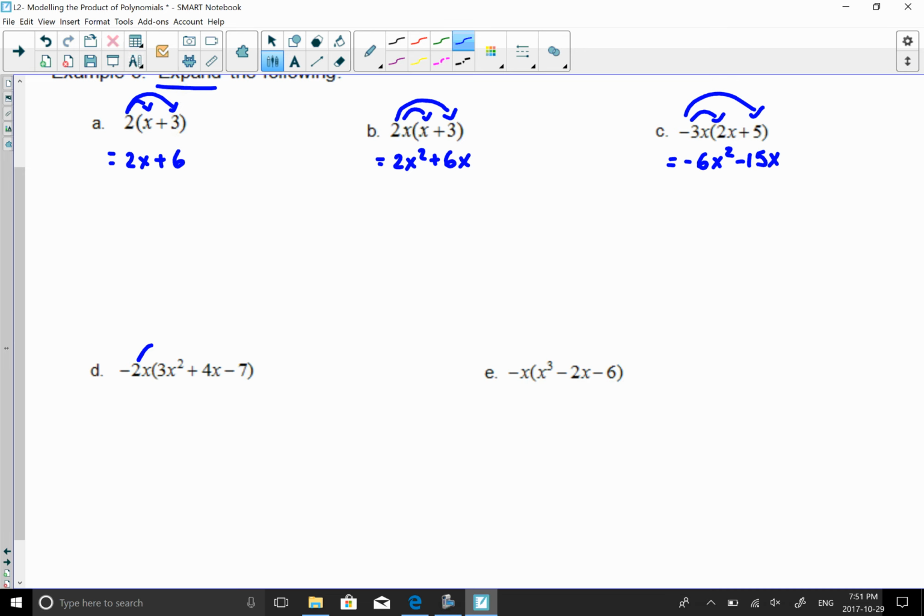So again, still distributive property when there's a monomial outside of a bracket. Negative 2 times 3 is negative 6. X and x squared is x cubed. Negative 2 times 4 is 8. Whoops. That should be a negative 8 because it's negative times a positive. Add the exponents, 1 here, that becomes squared. Negative 2 times negative 7 is positive 14, and it's x.